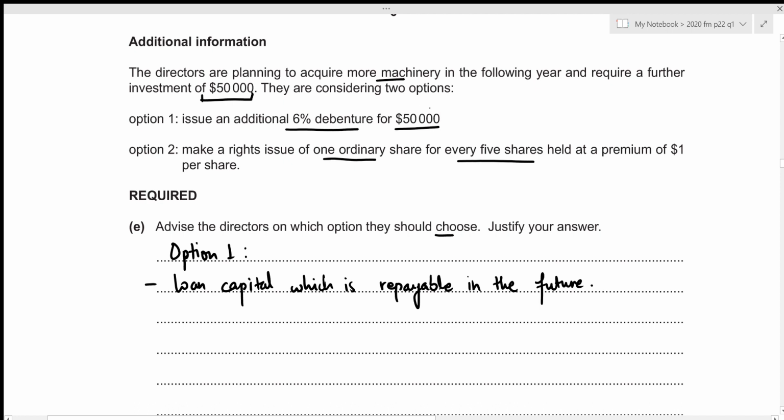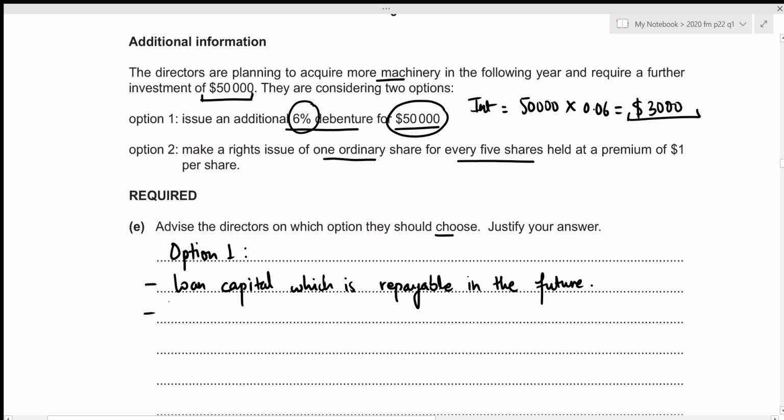And if we are to issue 50,000 debenture at the rate of 6%, we also need to make interest payments. So let's figure that out. The interest is just going to be the amount of debenture times the rate. And remember that this is the annual interest. So that's 6%, which you can write down as 0.06. And this results in an amount of 3,000. So if we were to issue this additional debenture, we would require to make an interest payment of 3,000 annually.